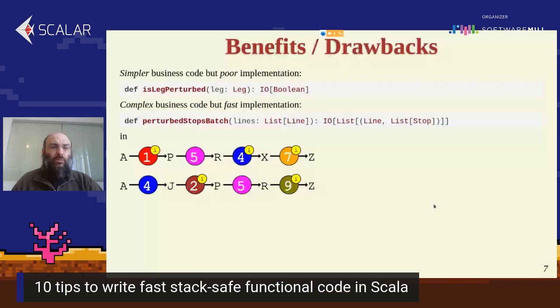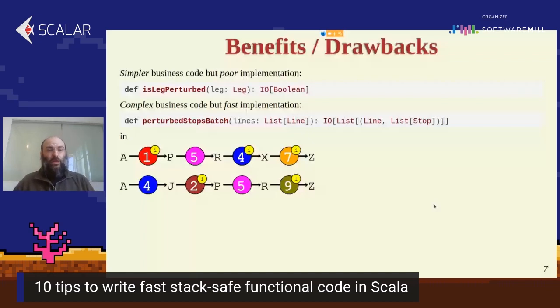But it makes a poor implementation, because the same leg, and actually the same line, can be used by many routes. So if we just perform the call to the batch API for each leg, the performance will be dramatic.